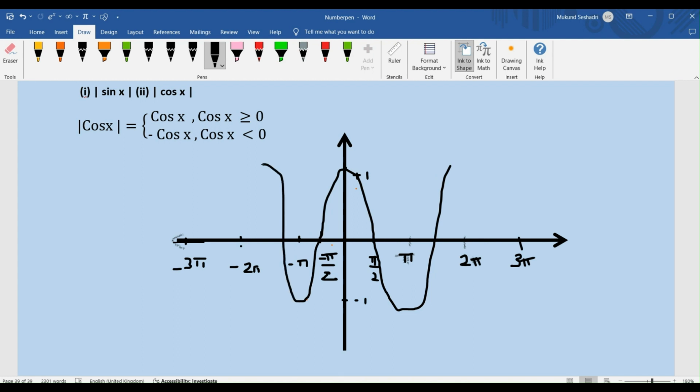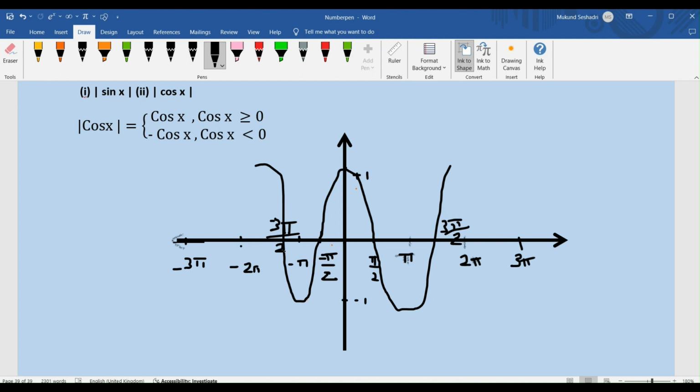And my cos of 2 pi is 1, right? So this is how the function looks. And so when you look at this, what is this point? This point will be your 3 pi by 2, right? And similarly this point is my minus 3 pi by 2.